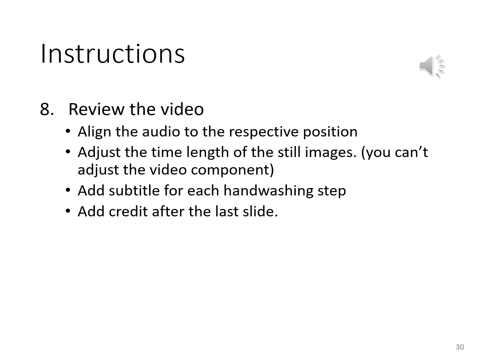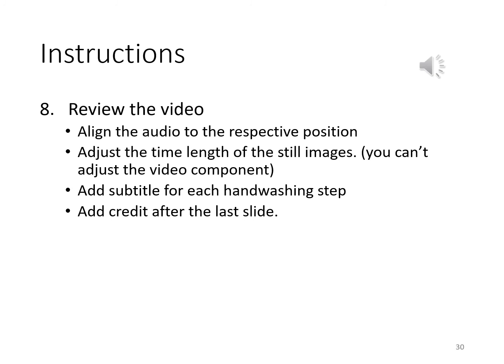Okay, we are almost at the end. Now we are going to review the video. So to review the video part 1, we have to make sure the audio is aligned to the right position of the image files and the visual contents. So just now we have already aligned the audio component to the visual component.